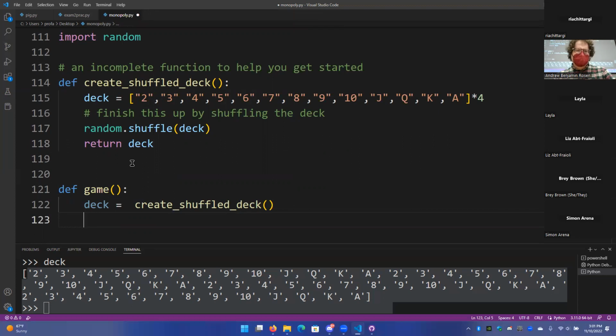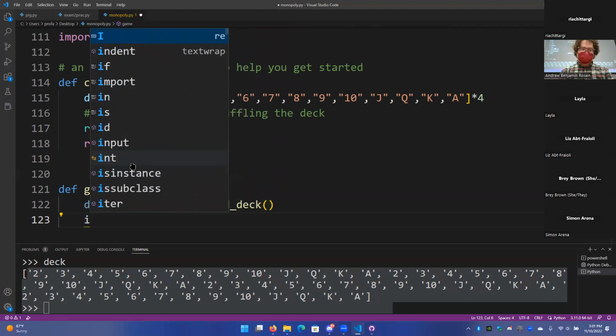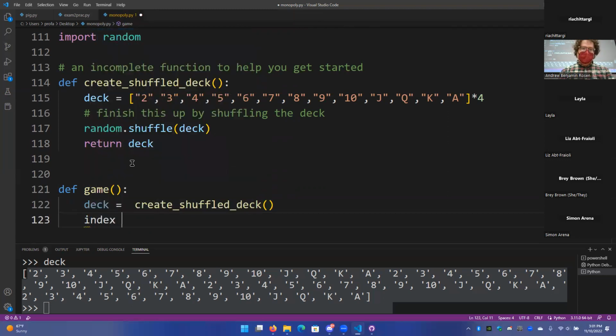Honestly, I think I'll just slice it at random. So I will choose a target index. This is actually probably the hardest part, I would say, which is splitting it up into 3 decks.